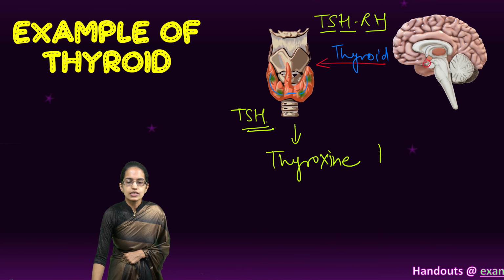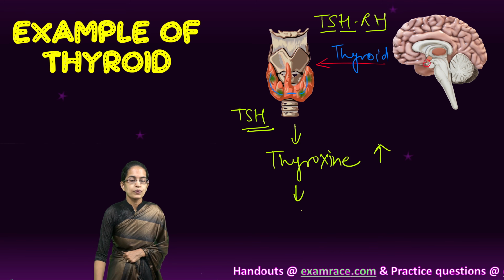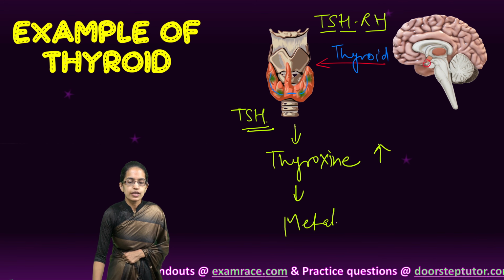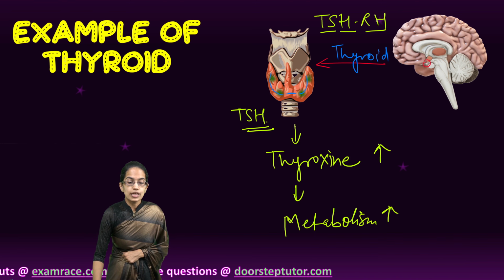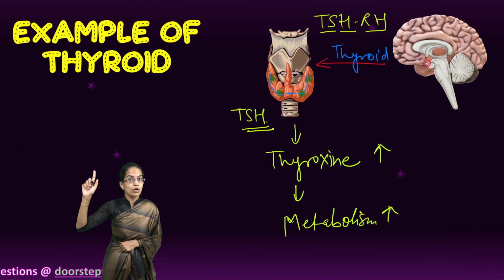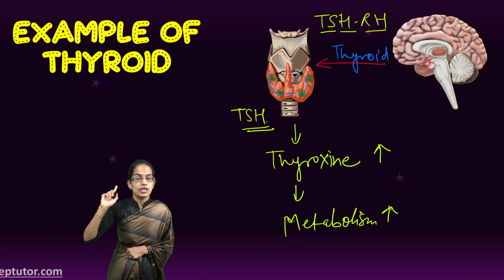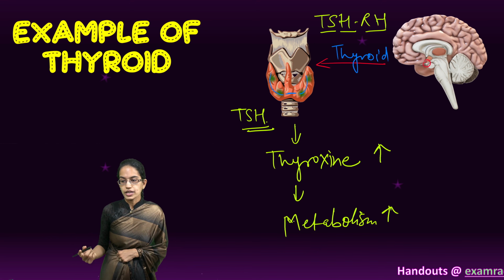Now, as soon as the thyroxine level increases, what would happen? The metabolism in the body would start to increase. Now, as soon as the metabolism increases, the brain would check that there should not be too much metabolism. If the metabolism increases too much, then it would again be problematic.